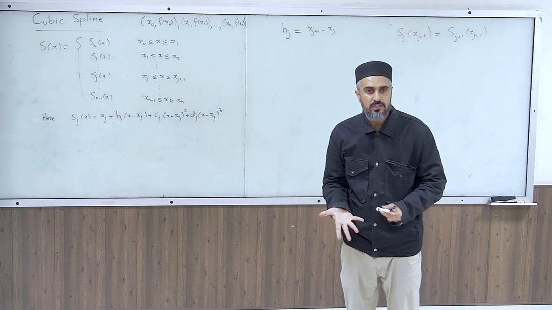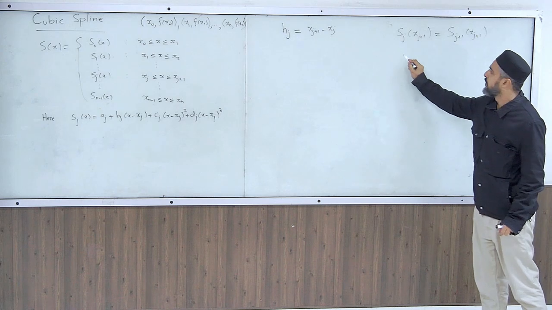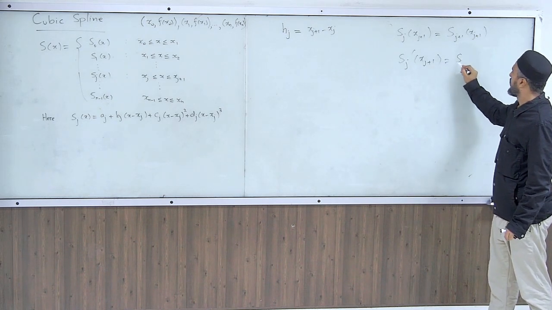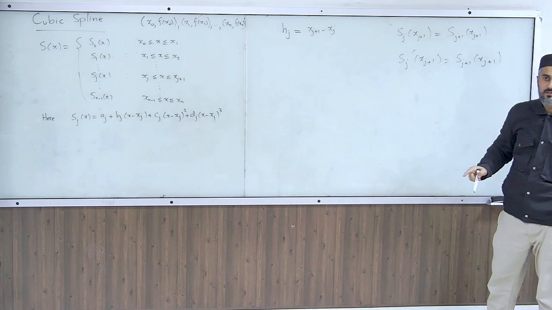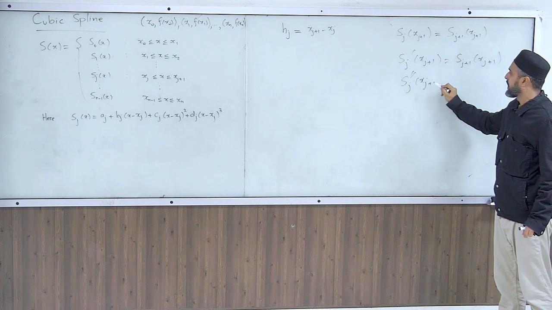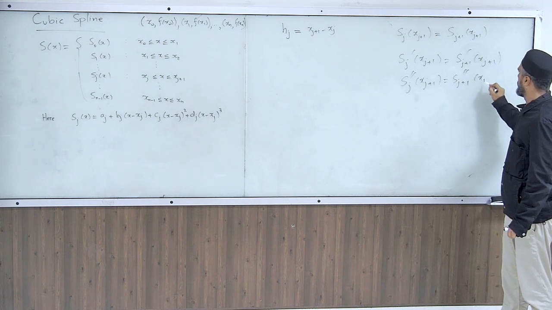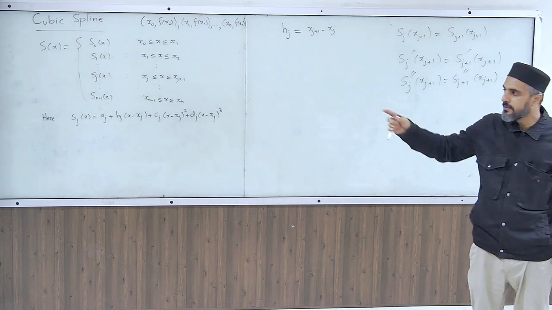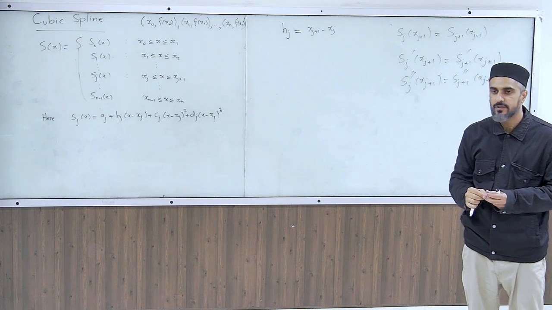Once we get the values of the cj's, you remember this condition that the derivative should also be the same at the interior points of the connecting polynomials, and the second derivative should also be the same. So we will get two equations from there, which are given in step number 3 and 4.